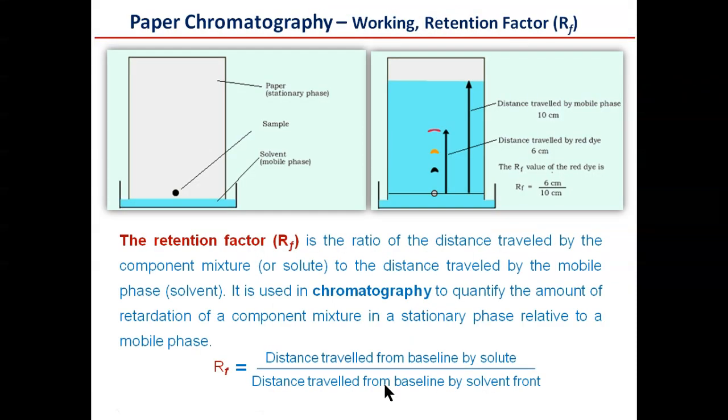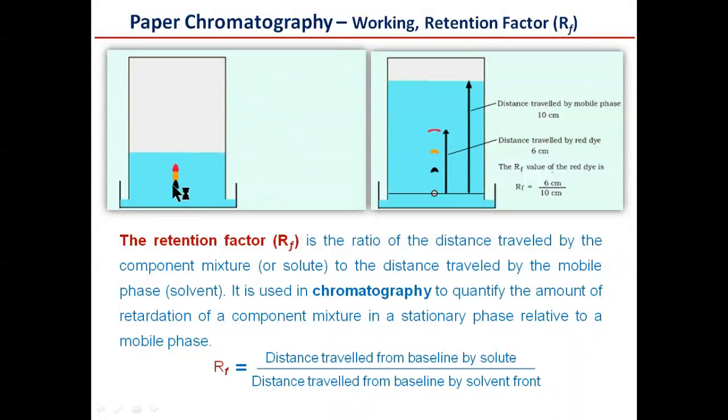Let us see how it is going to work and what we mean by the retention factor. Here we have a paper, which is the support of the stationary phase, on which the water gets absorbed, and we have a petri dish. In the petri dish we have the solvent, the mobile phase.